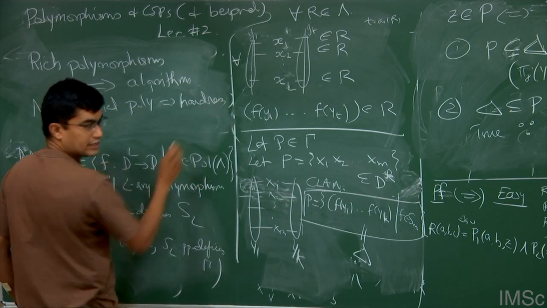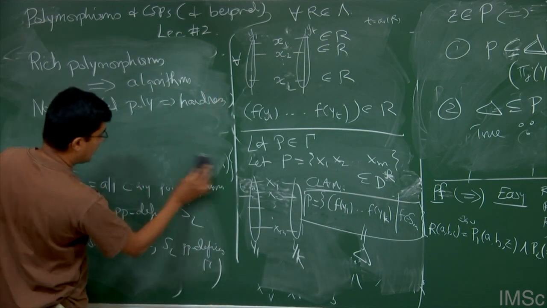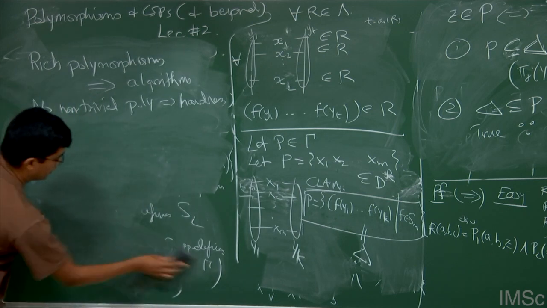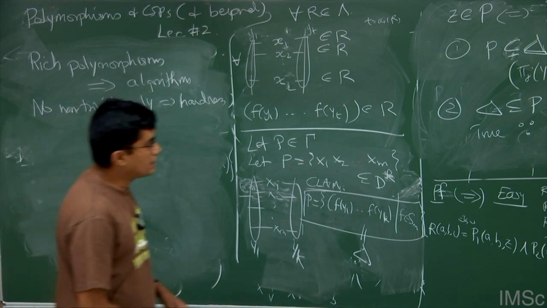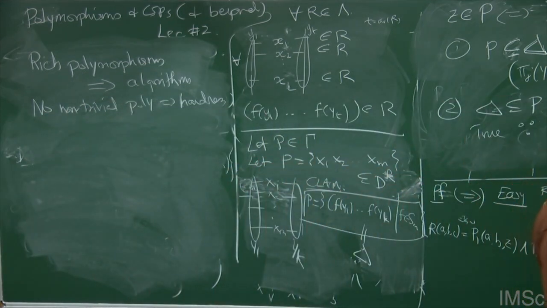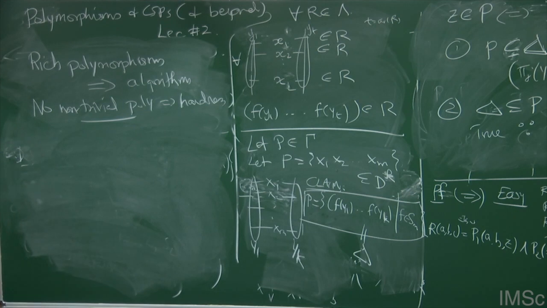So this is roughly the principle we are talking about. And by this Galois connection, we more or less already saw this other part. If you don't have any non-trivial polymorphisms, then you can just take some NP-complete problem and reduce it. For the Boolean case it's pretty clear, but for non-Boolean there are suitable extensions you can do as well. Okay.